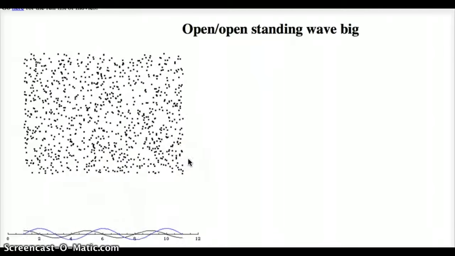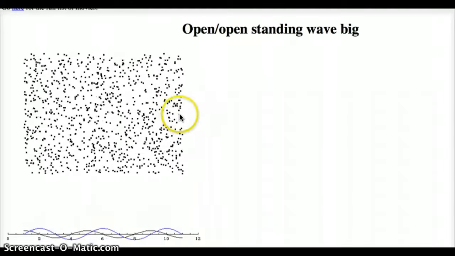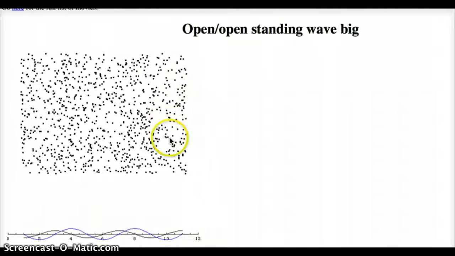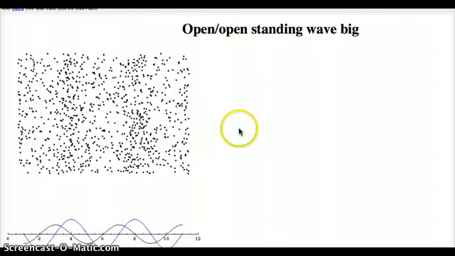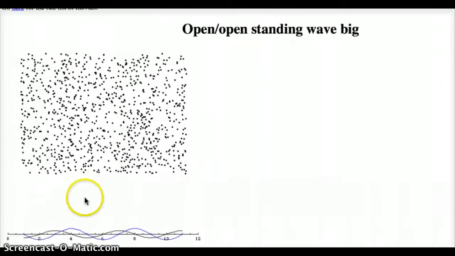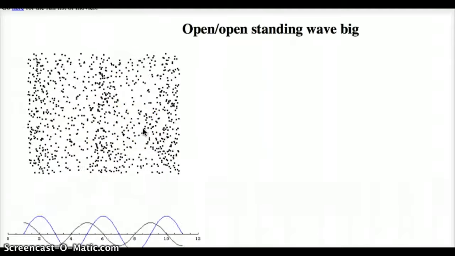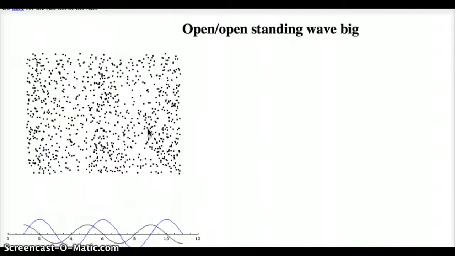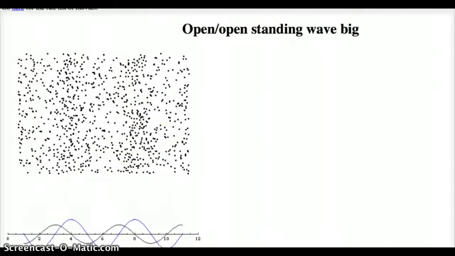So we're having an open-open standing wave. These molecules move twice as far as those ones because they have the space to move freely, and those ones in the middle here don't have that much space to move, and they're just repeating and doing the thing they are supposed to do.